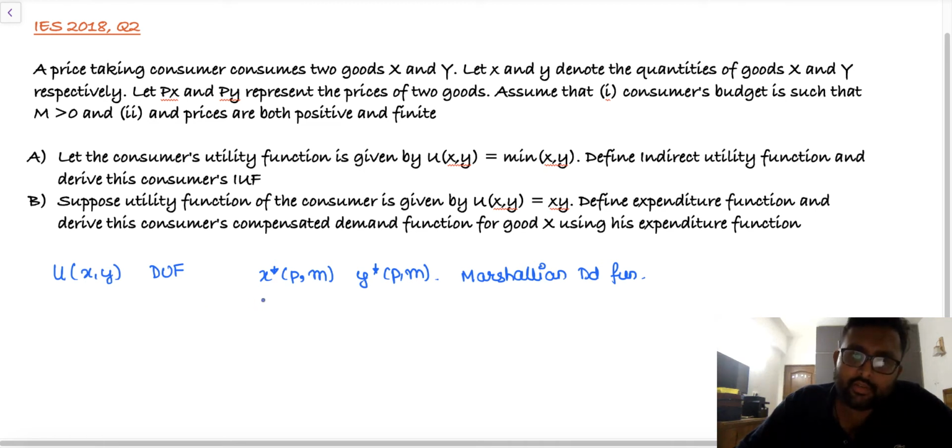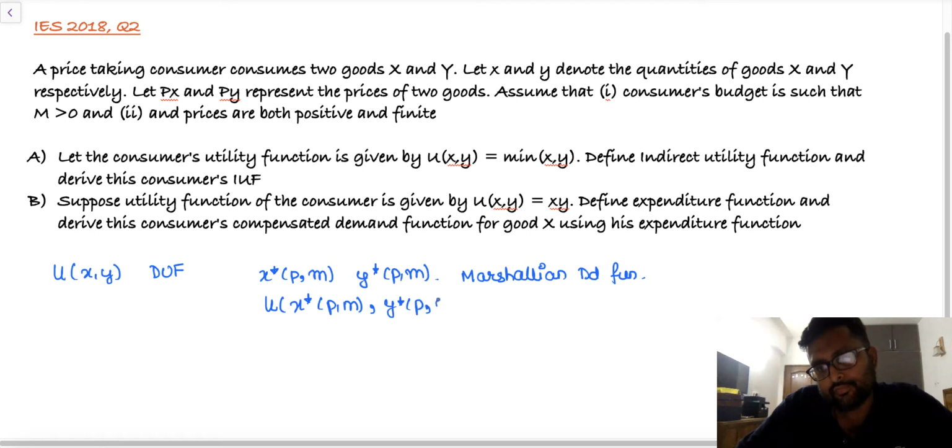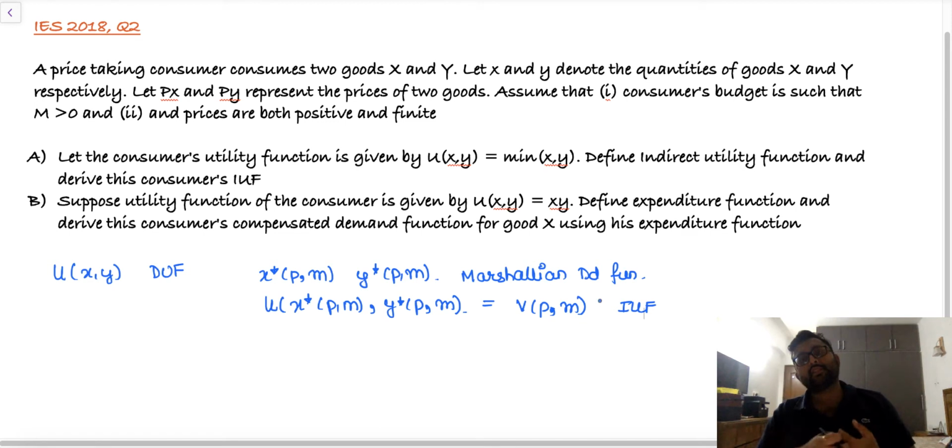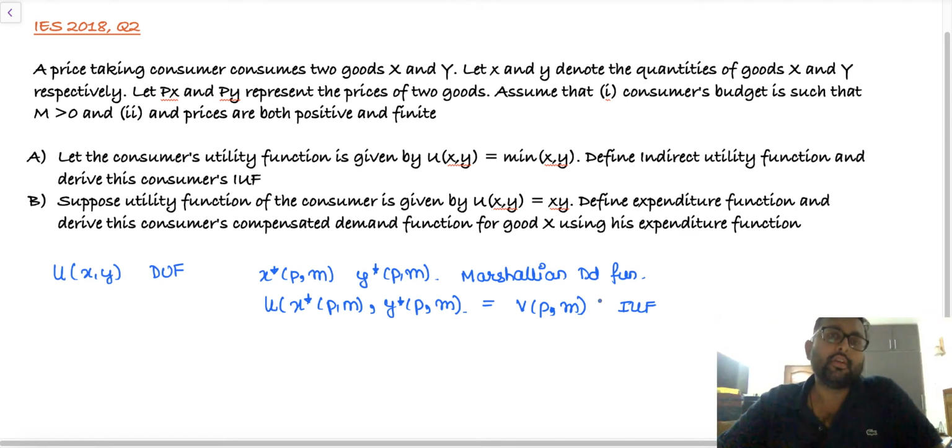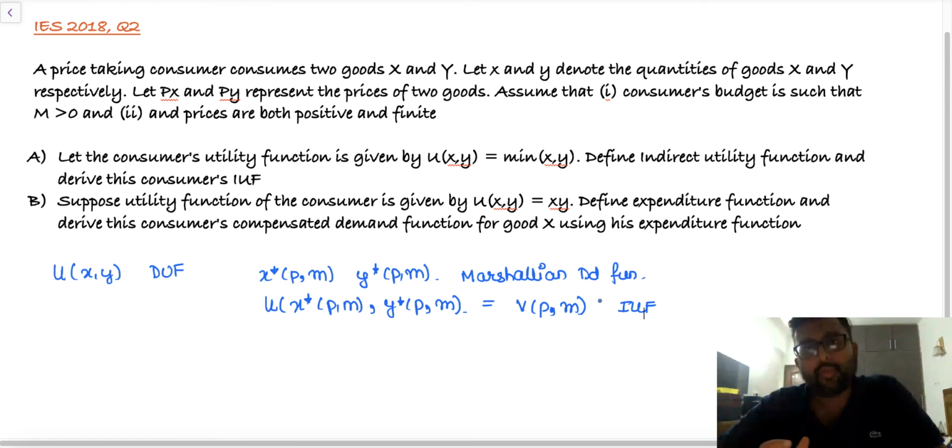And what you can now do is substitute these Marshallian demand functions back into the utility function, right? So what you get is the indirect utility function. This is also telling you utility, but indirectly, in the form of prices and income. And this is telling you the maximum utility which is achievable, when the prices and income are given to you this way.